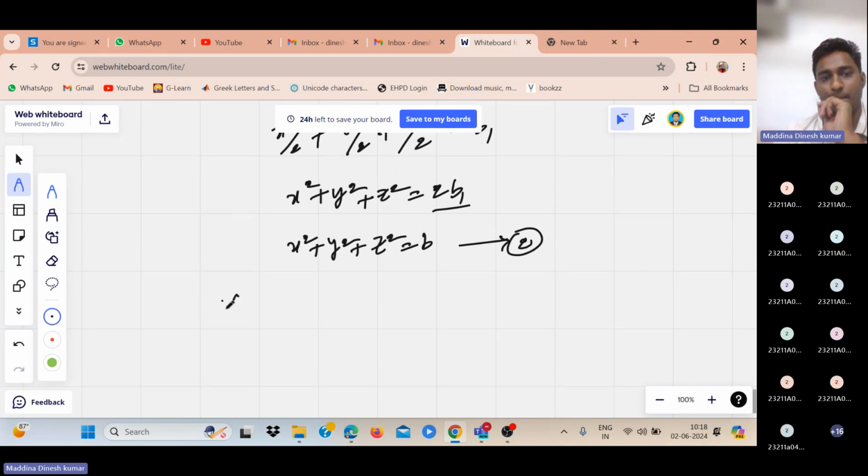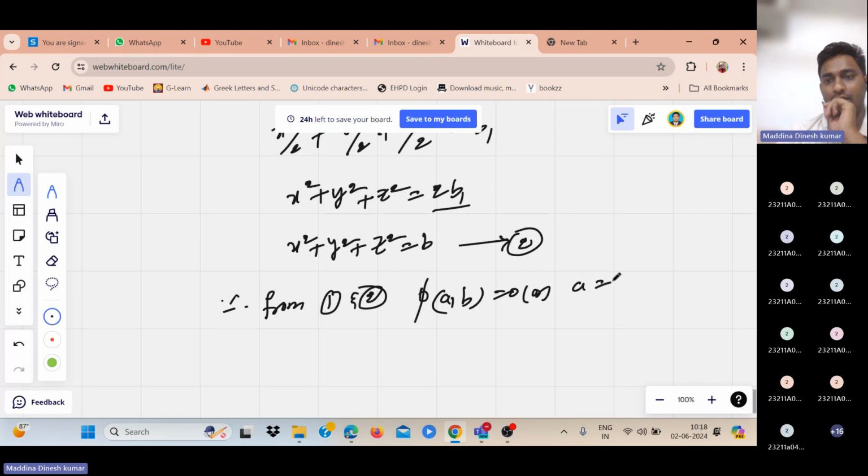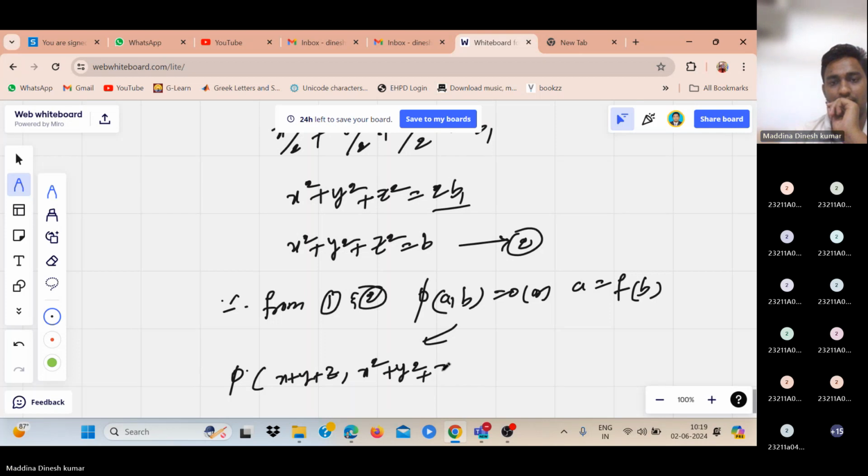Therefore from 1 and 2 the required solution we can write as phi of a comma b equal to 0, where a is x plus y plus z, b means x square plus y square plus z square.